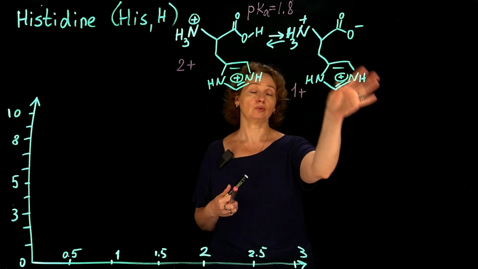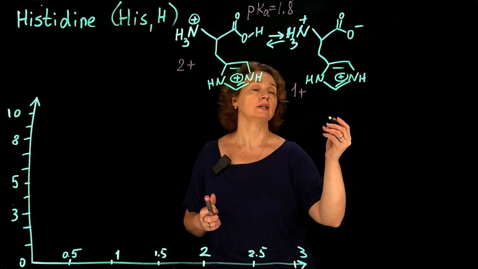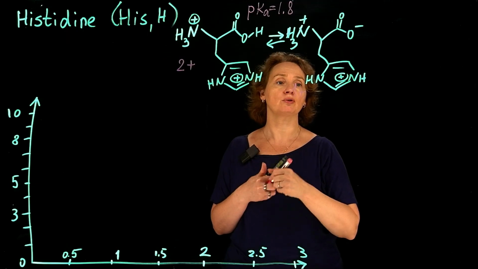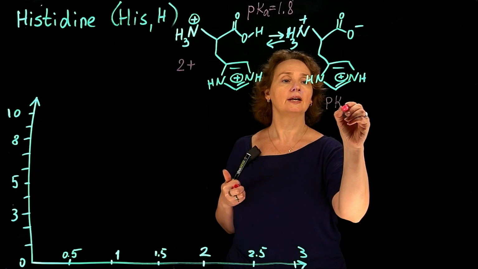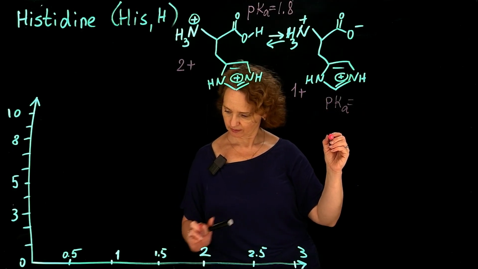If we start to add more of the strong base, then the next group to be deprotonated would be this side chain, because the pKa of this group is 6.